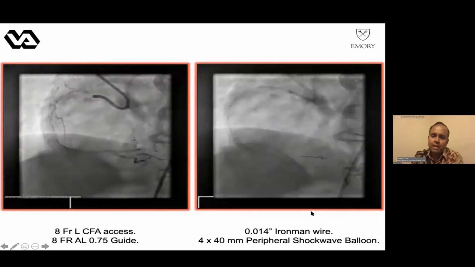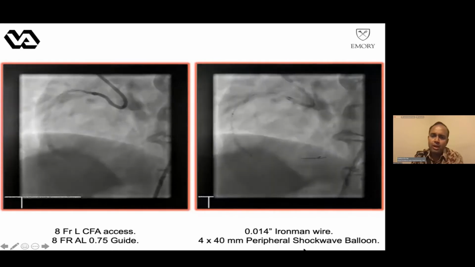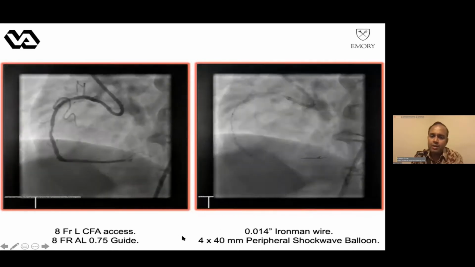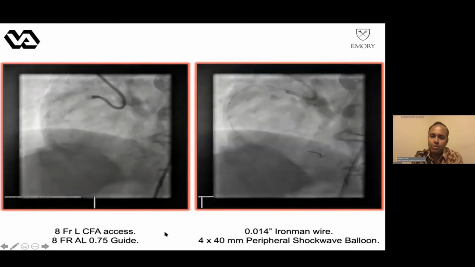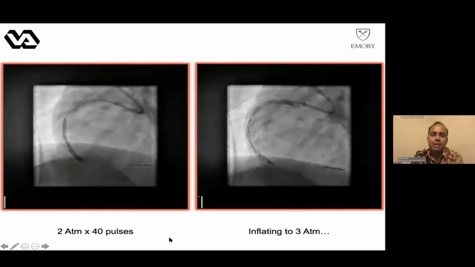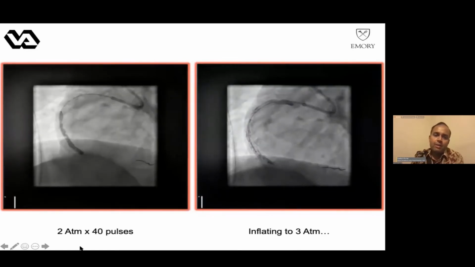So we managed to get a 014 Ironman wire down this vessel with a very supportive guide, and managed to get a 4.0 by 40 peripheral Shockwave balloon, which is the shortest, smallest balloon that was available at that time, down this vessel. On the image on the right, we are doing 2 atmospheres, 40 pulses.